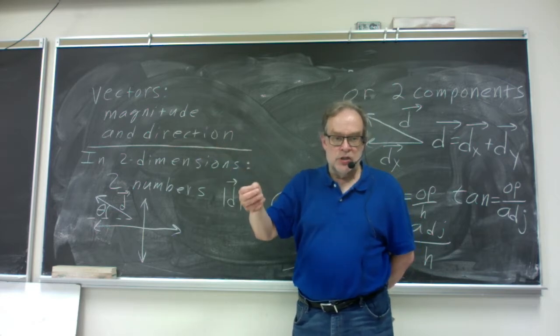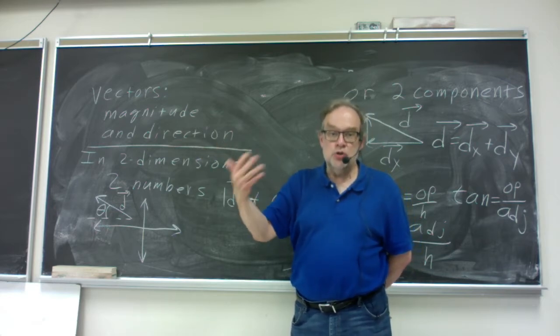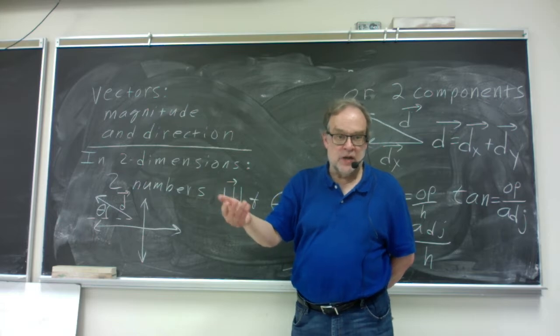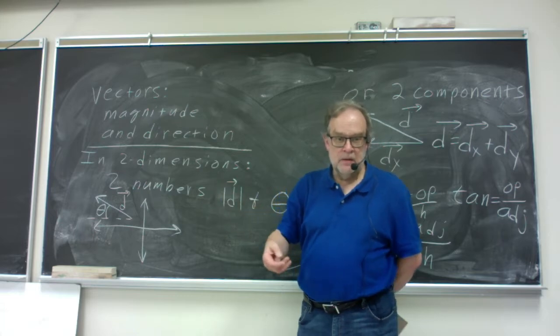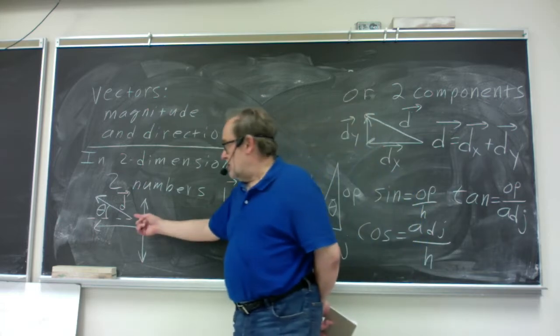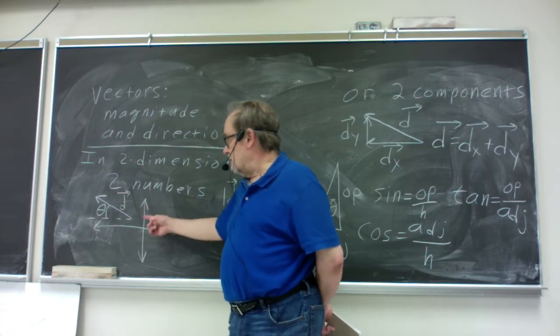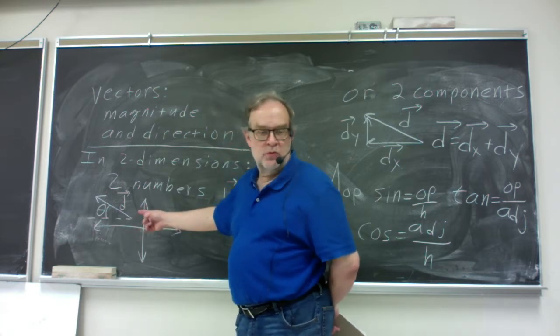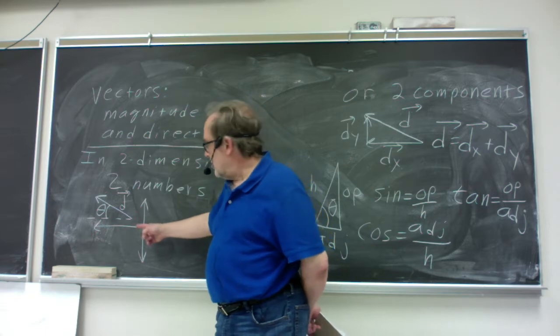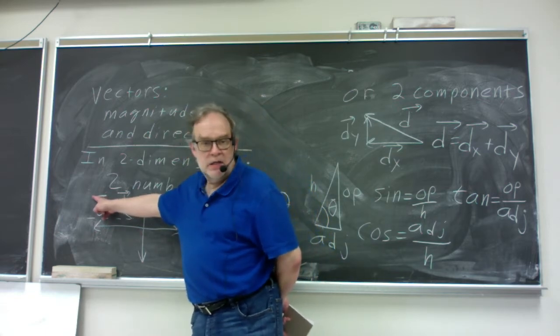And in two dimensions, that means you need two numbers to specify that magnitude and direction. Imagine this, here's an XY coordinate system, and imagine this displacement vector representing some motion that started here and ended here.